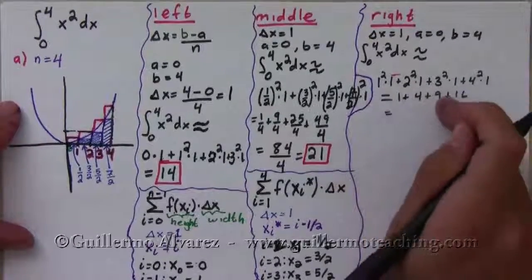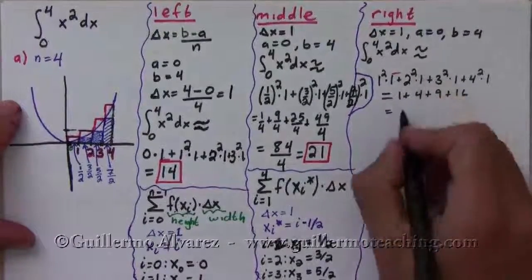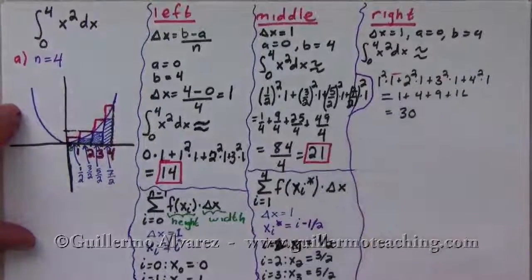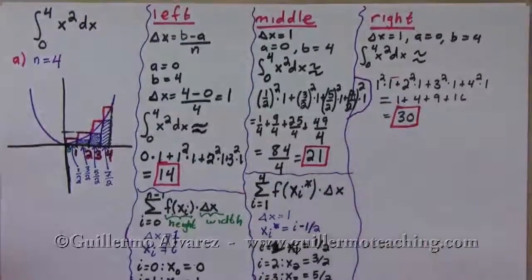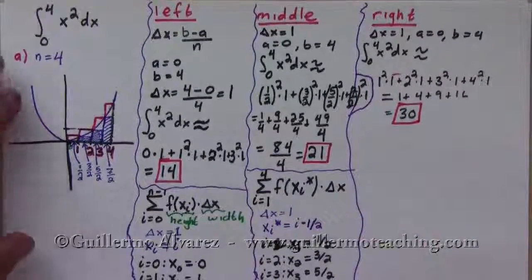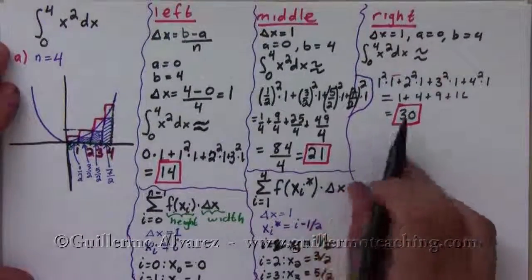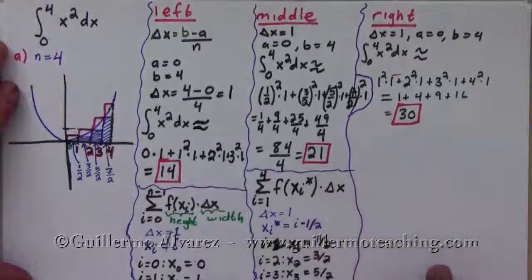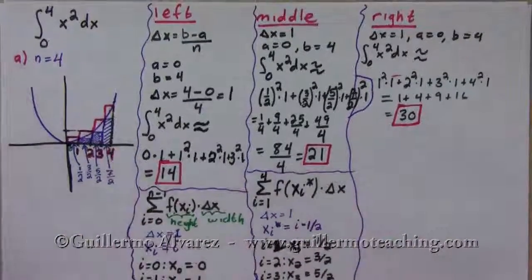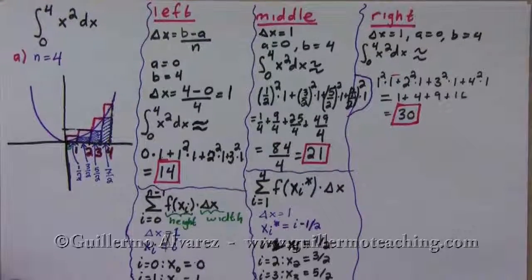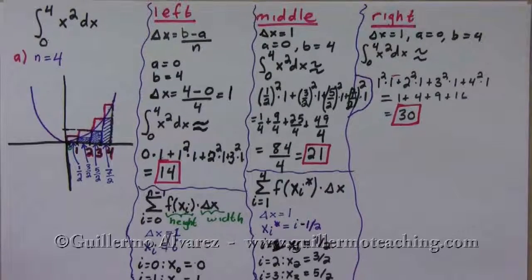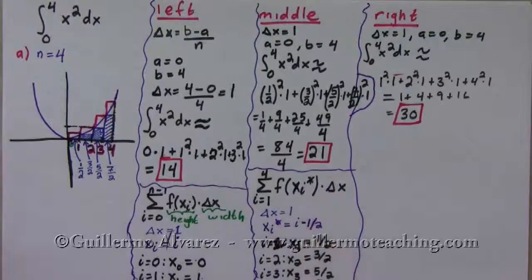And so this is going to be 5 plus 9 is 14. So this is going to give me 30. And so these numbers correspond. We expected this one to be the biggest one, the right endpoint, because of the shape of the graph.